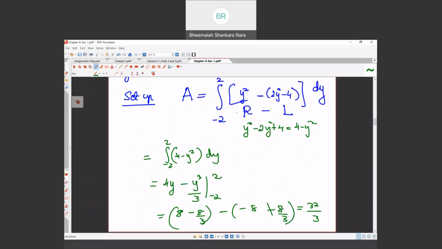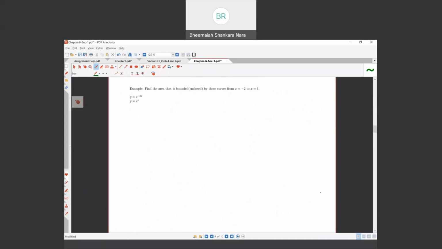Let's do one more example. Find the area that is bounded by these two curves from the lines x equal to -2 to x equal to 1. So you should understand that this curve here is an exponential increasing function, and the one on the top will be an exponential decreasing function like this.